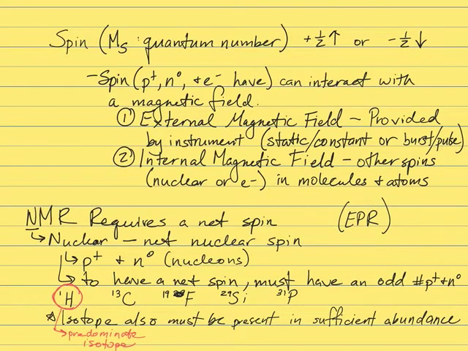So that makes it very easily detectable, and that's the main type of NMR that most of us are familiar with. You may also have heard of carbon NMR, maybe fluorine, maybe silicon. The other ones become less and less common, but proton NMR is by far the most common.